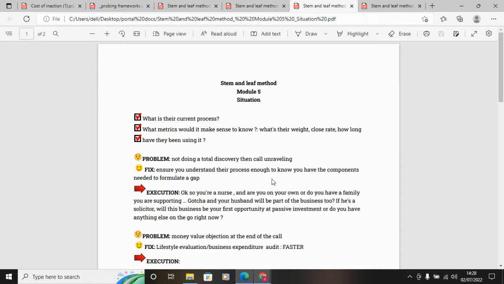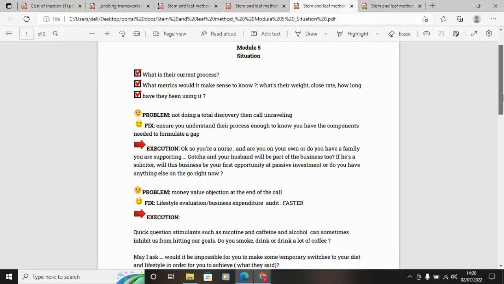Okay, so what are the kind of problems that tend to arise in this phase? The closer is not doing a total discovery of the call, and then it's unraveling. Case in point, this is an ROI offer, and you might be trying to get an understanding of a person's financial situation.